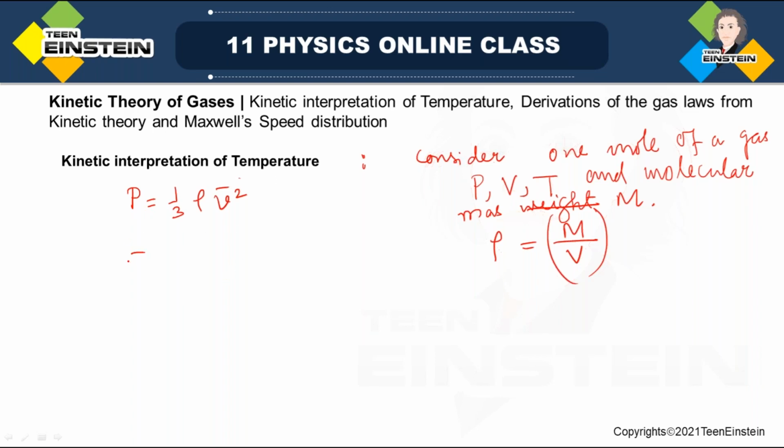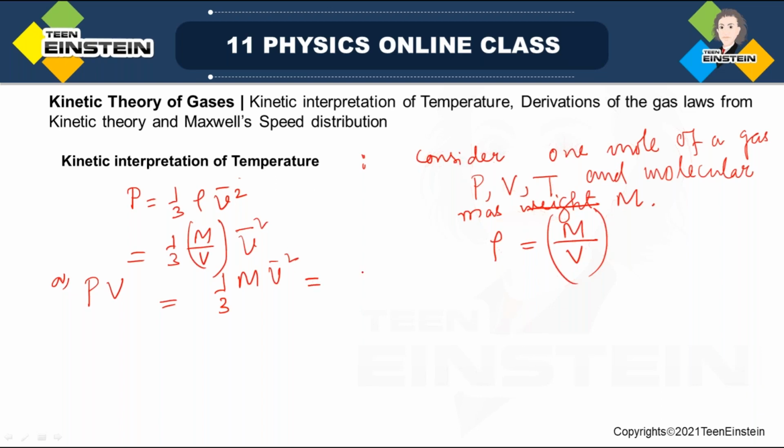And we can replace this rho by writing M by V, because this is the density, and V average square as it is. Here V is actually volume. So from here we can write PV is equal to 1/3 M V average square.